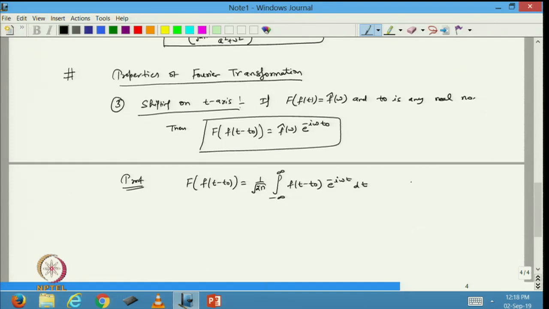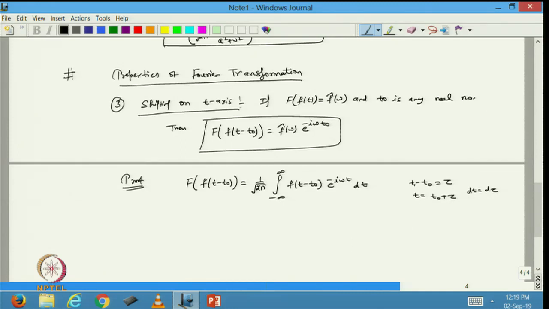Now, I change my parameter. I take this transformation: t minus t naught is equal to some tau. So, from here I will get t equal to t naught plus tau, and I also get that dt will be d tau, and when t is minus infinity, tau will also be minus infinity.